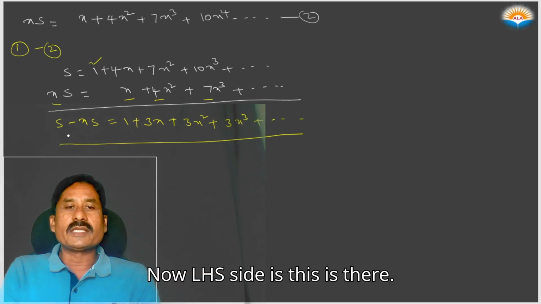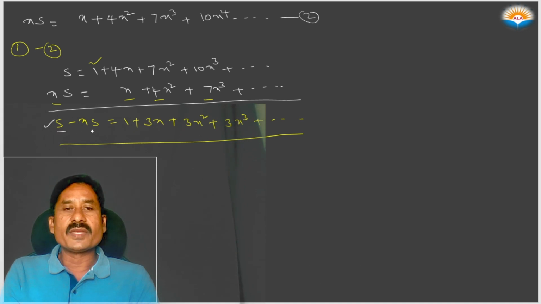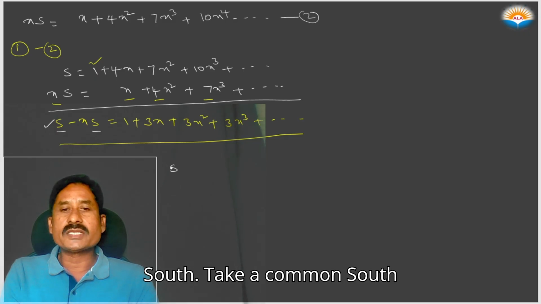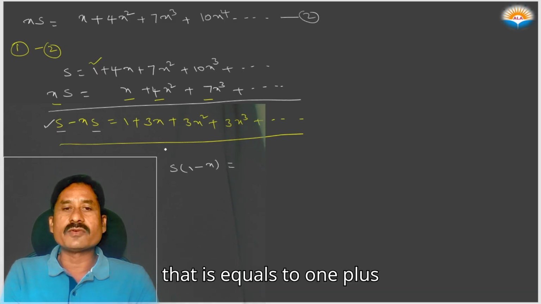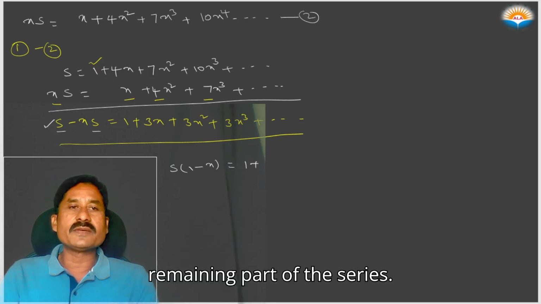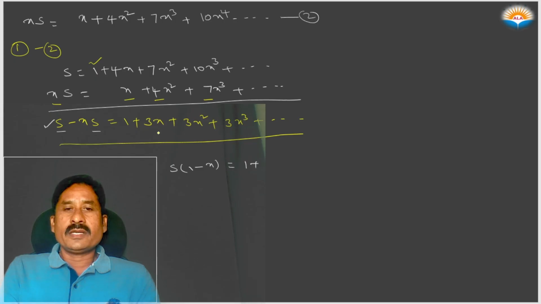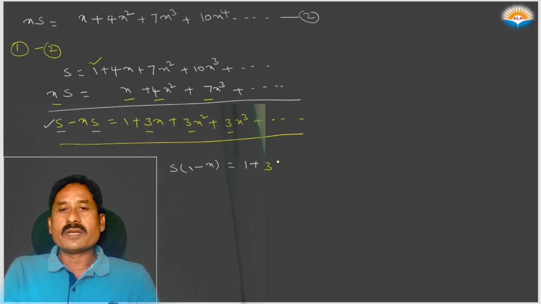Now on the LHS, S is common. Taking S common, S of 1 minus x is equal to 1 plus the remaining part of the series. In each and every term there is a 3. Taking 3 common, the remaining part is x plus x square plus x cube, plus so on.